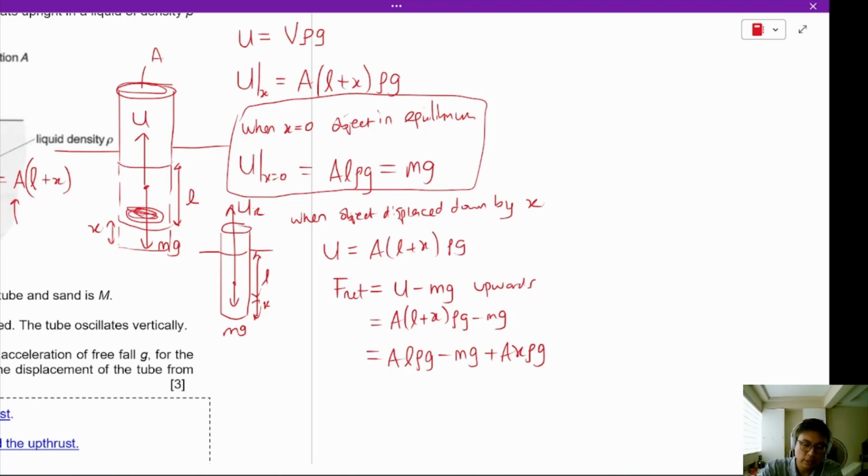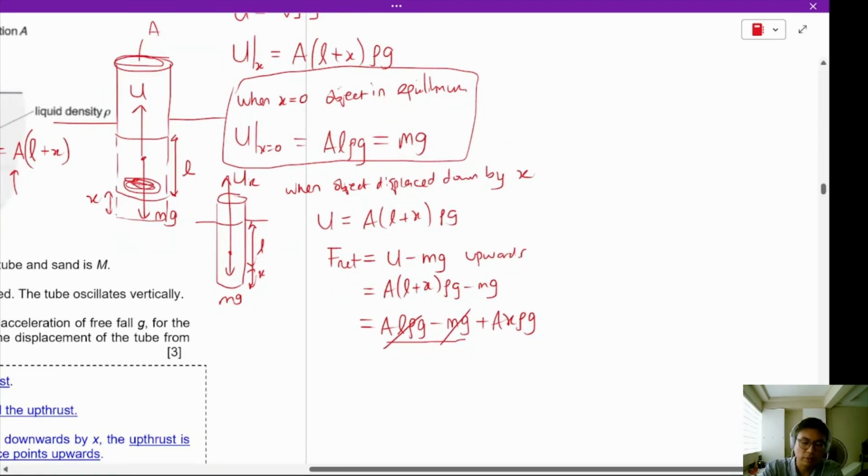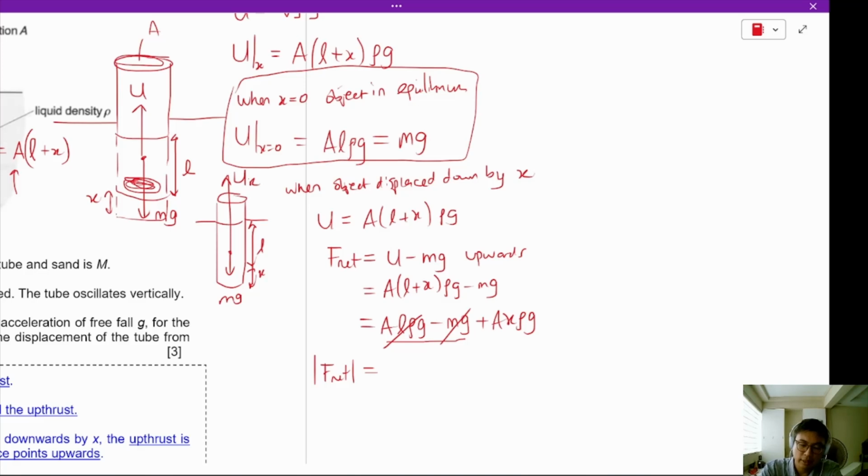So look at this: AL rho g minus mg, cancel these two. These two will be equal to 0. So the magnitude of the net force when it is displaced by a small distance x will be A rho gx. Okay, but that's not all.